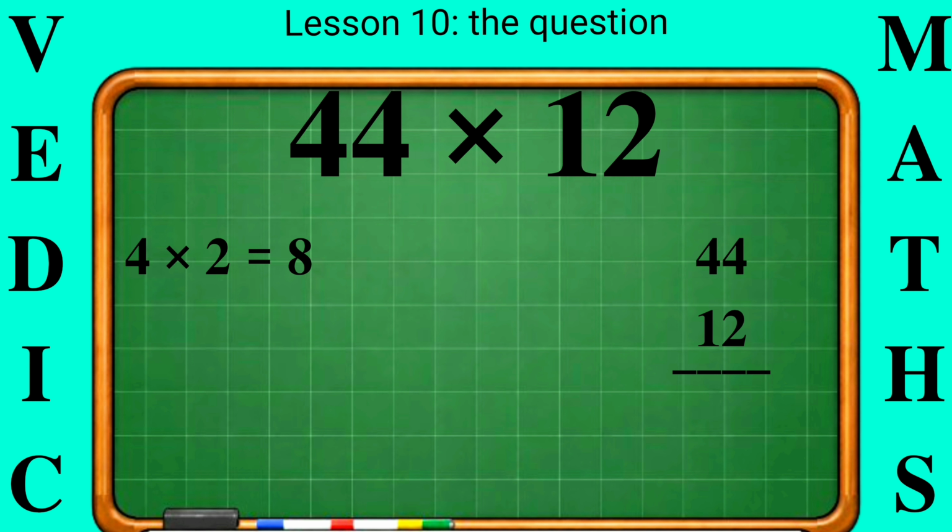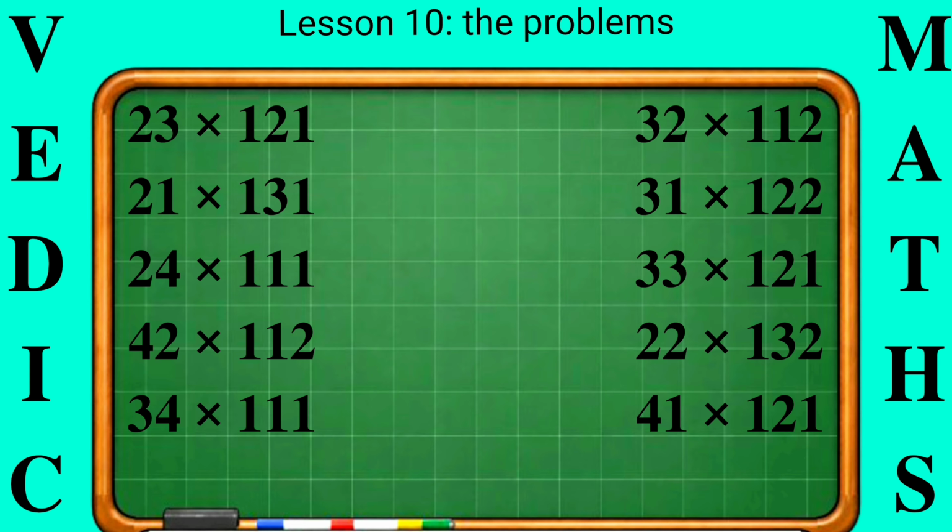So now we will do 4 times 1, which is equal to 4, obviously. So now we add 4 with the carry. So we get the answer 528. You can try those problems later on.